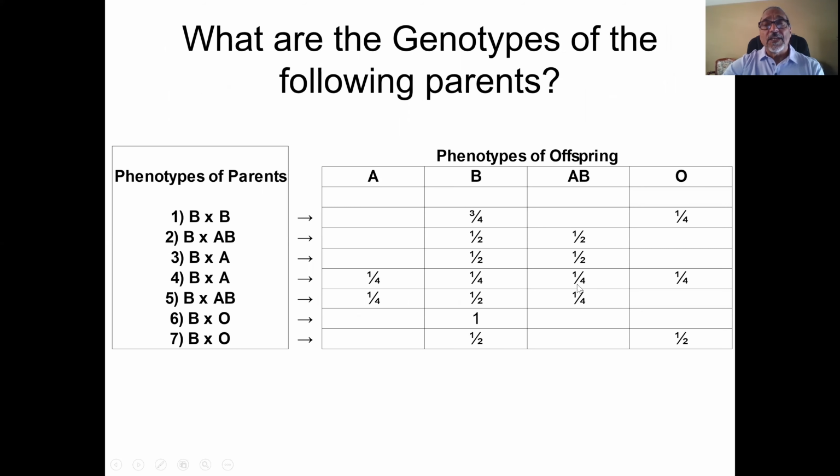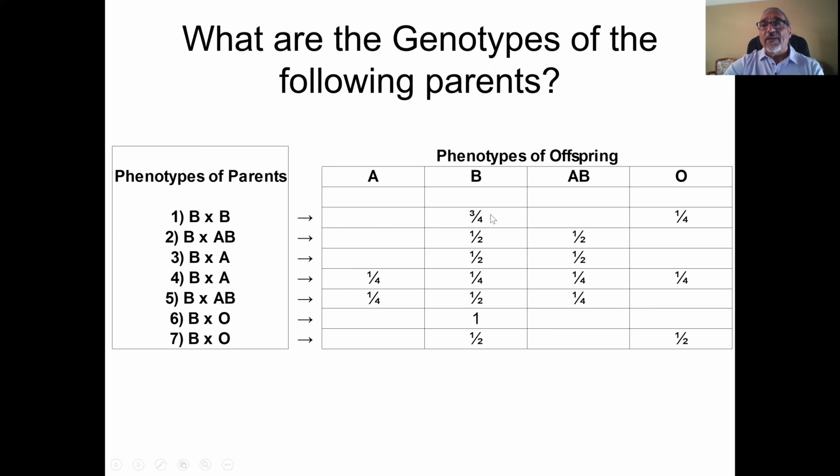We also see that we're able to reverse the idea. So if we know the phenotypes of the parents, so for example, in number 1 here, we have 2 B individuals, and we look at their offspring, and they have 3/4 B progeny and 1/4 O. Well, what does that tell you about their genotype?